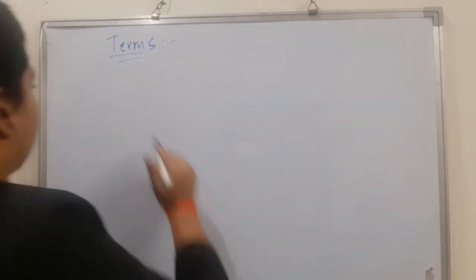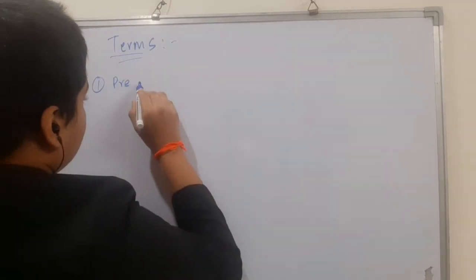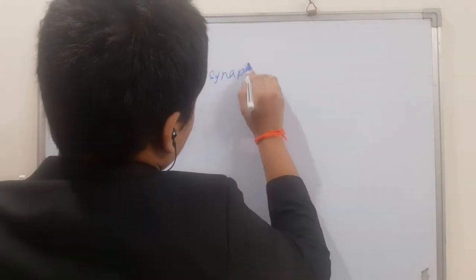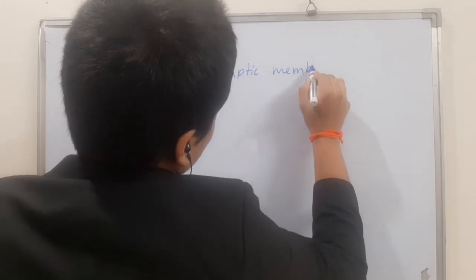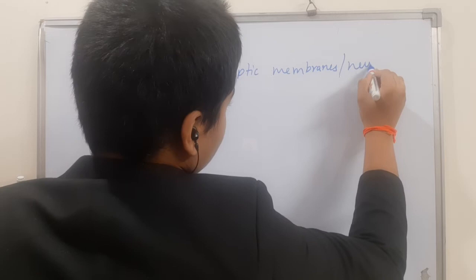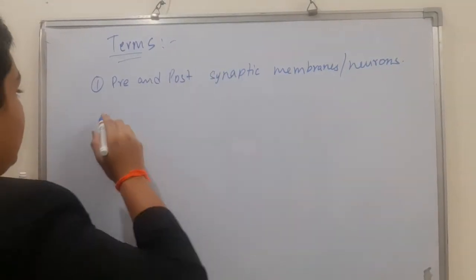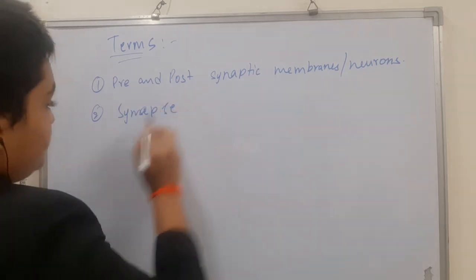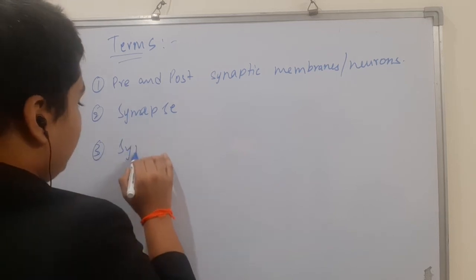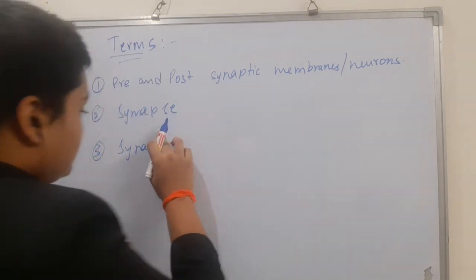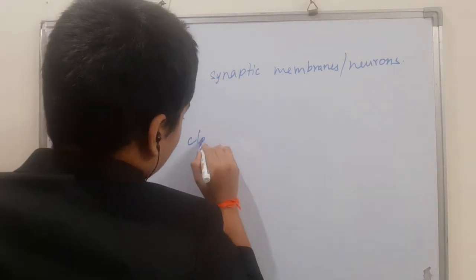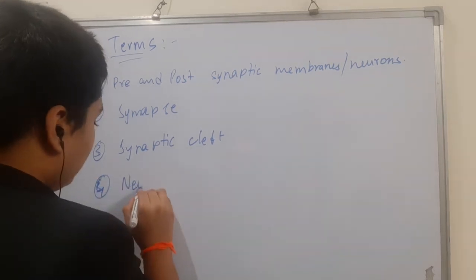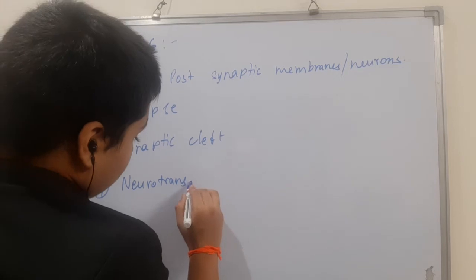The first one: pre and post synaptic membranes slash neurons. Next we have to remember about the synapse. Next, the synaptic cleft. Fourth, neurotransmitters.